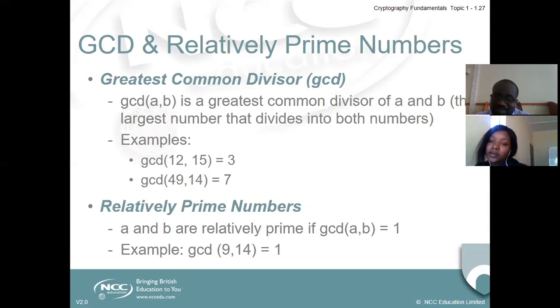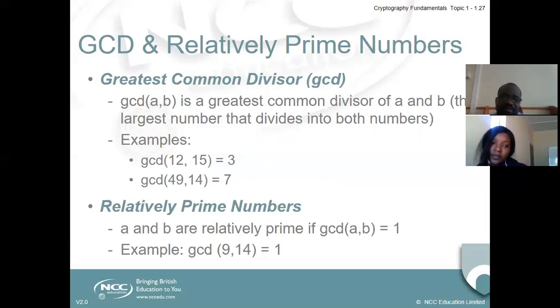Yes, so it's a divisor. Then GCD also of 49 and 14. We can use 7 as a divisor because 7 can go into 14 without a remainder and 7 can go into 49 without a remainder, isn't it? What else can we pick? 10 goes into 20, and 50 can go without a remainder, so we can go on and on.